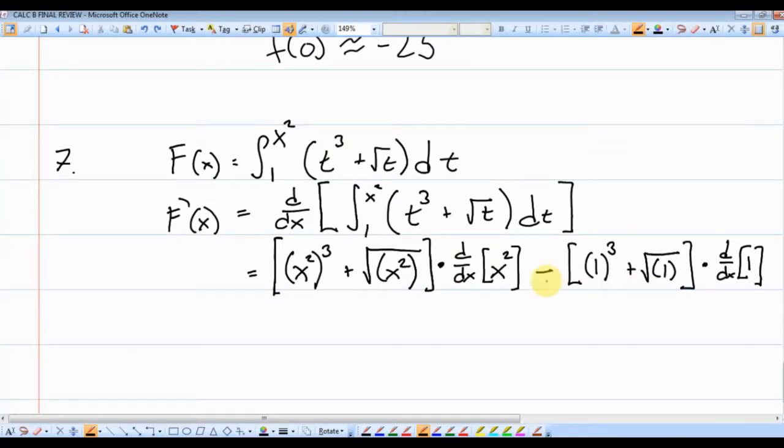And if you remember that as long as you have a constant, that derivative is going to be 0, you actually don't have to do this part of it.